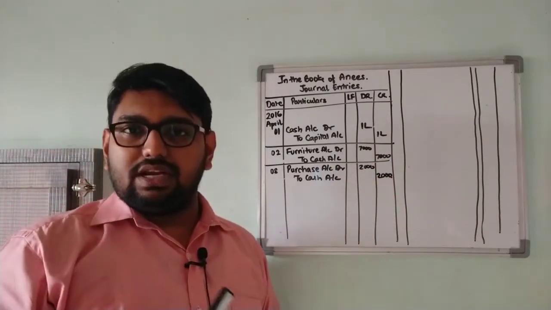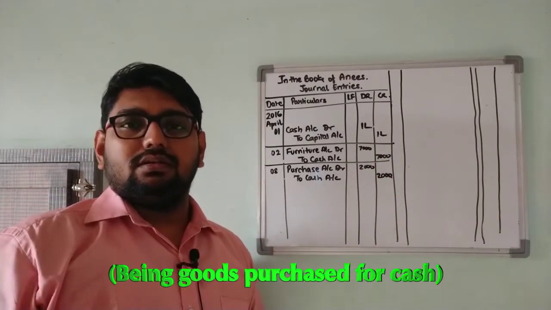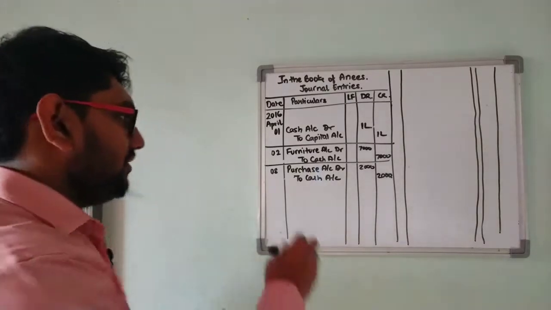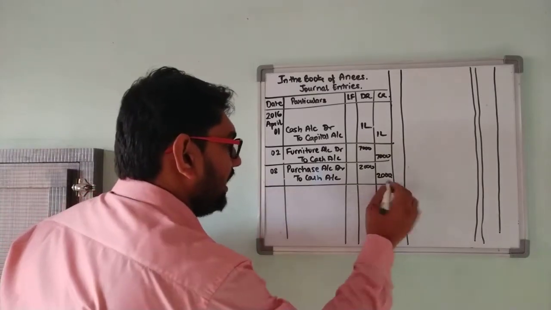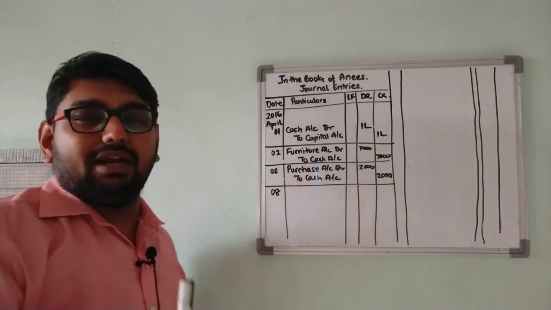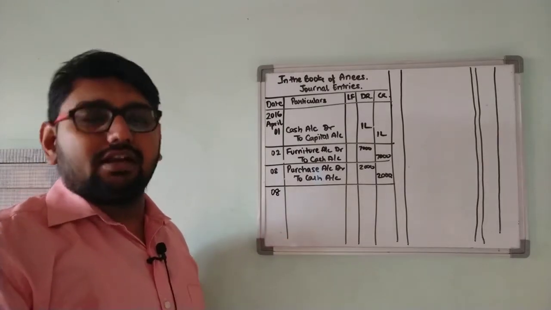The narration for this entry is being goods purchased for cash. After that, draw a line, and again on the same date, I have purchased goods but I have not made the payment. So that becomes a credit transaction.